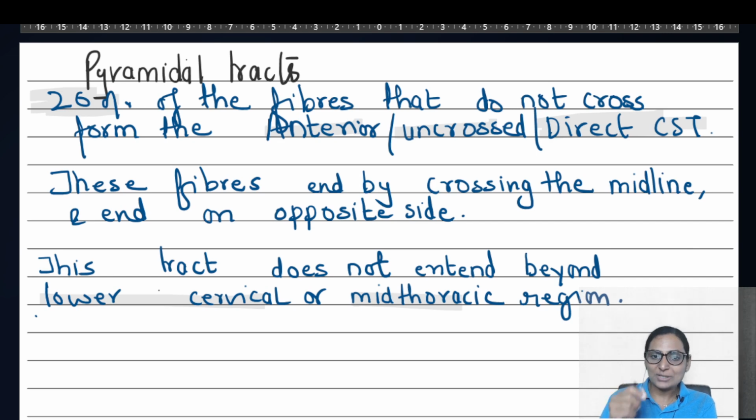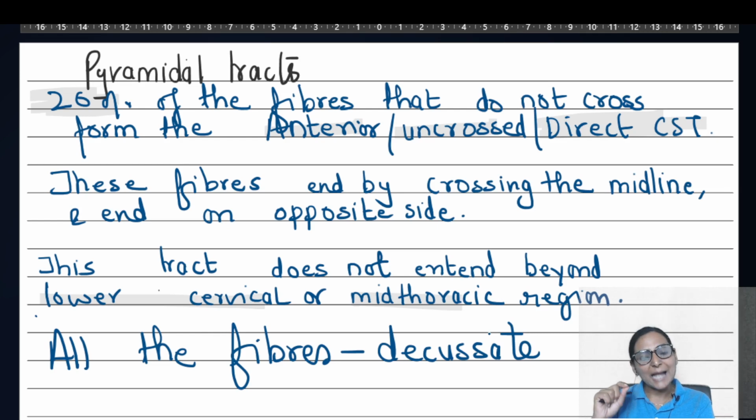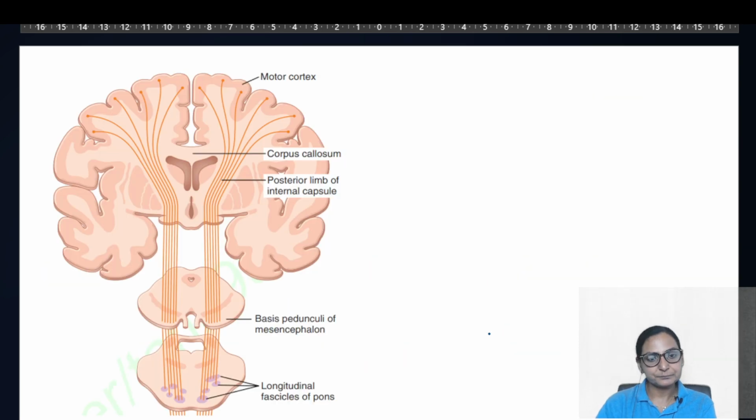The lateral crosses after formation of the medullary pyramids, and the anterior crosses at the termination level, that is at the spinal cord level. That means all the fibers are going to decussate, whether lateral or anterior. However, lateral will decussate after the pyramids, and the anterior will decussate at the spinal level.